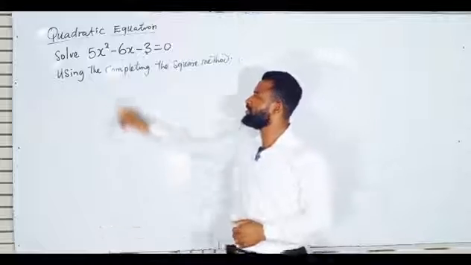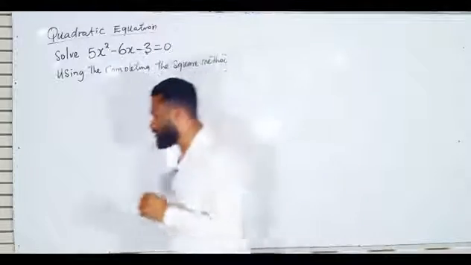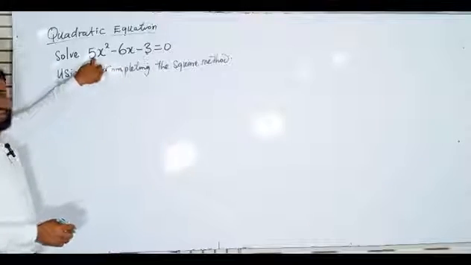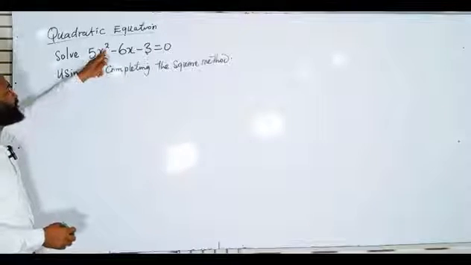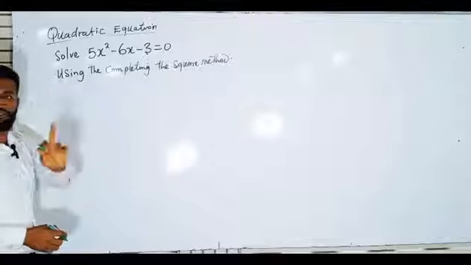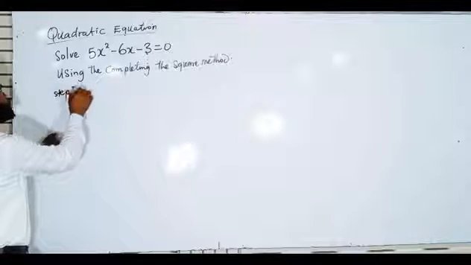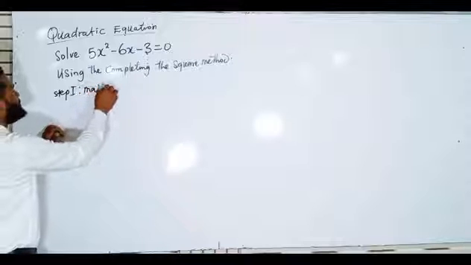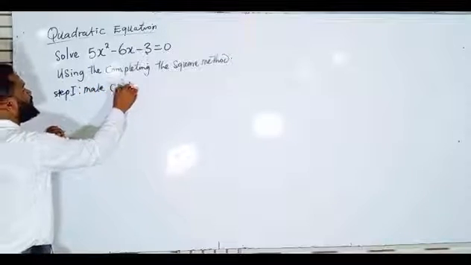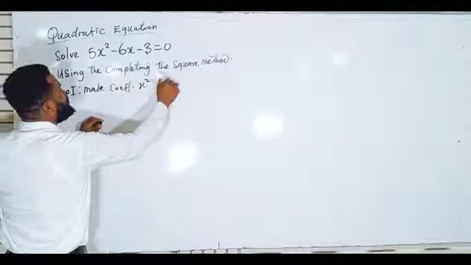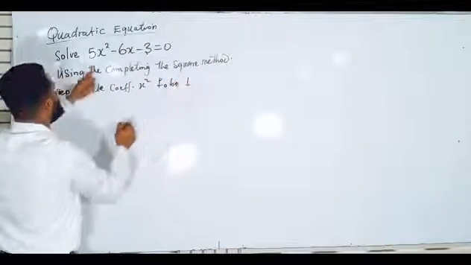Let's get started. The first thing I'm going to do is step 1. In my step 1, I'm going to remove this 5. I'm going to make the coefficient of x squared to be 1 by dividing through.